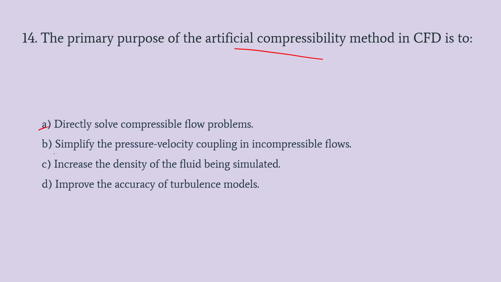Option B, simplify the pressure velocity coupling in incompressible flows. Option C, increase the density of the fluid being simulated. Option D, improve the accuracy of turbulence models. You can try to answer the question. You can inbox your answers.